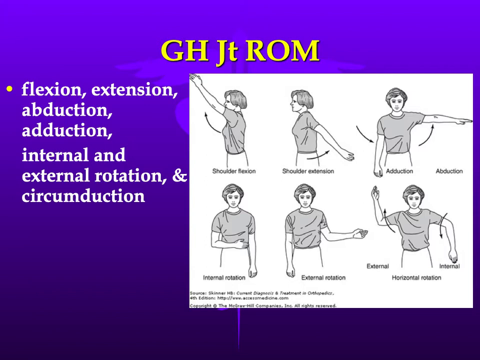Inward is internal, outwards is external rotation. And circumduction is the combination of all those motions. That's making a circle with your arm. So a lot of range of motion here in our shoulder, just like in our hip. It allows us to do a lot of actions at our shoulder.